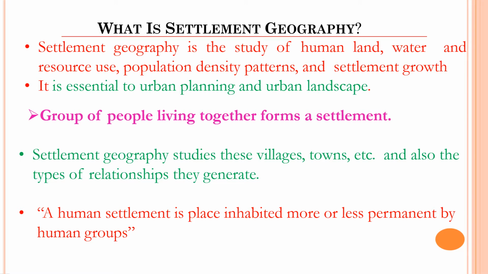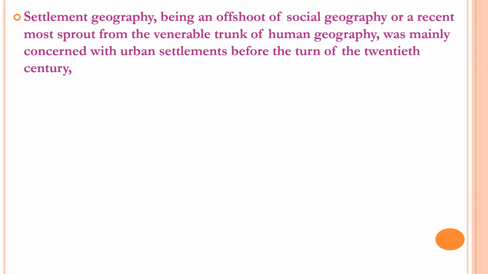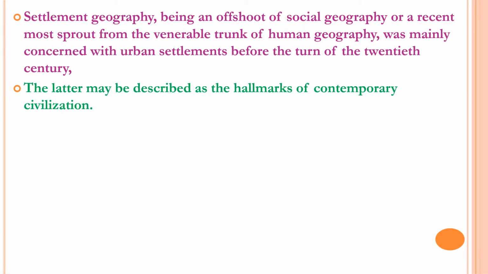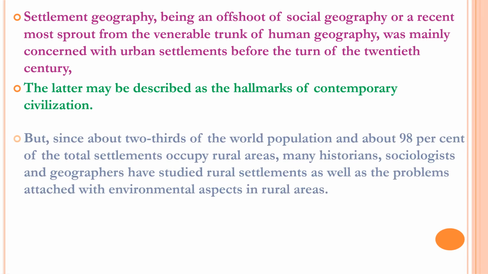Now we discuss the subject matter and scope of settlement geography. Settlement geography is an offshoot of social geography and a recent fruit of the vulnerable trunk of human geography. It was mainly concerned with urban settlement before the turn of the 20th century, the latter being described as the hallmark of contemporary civilization.